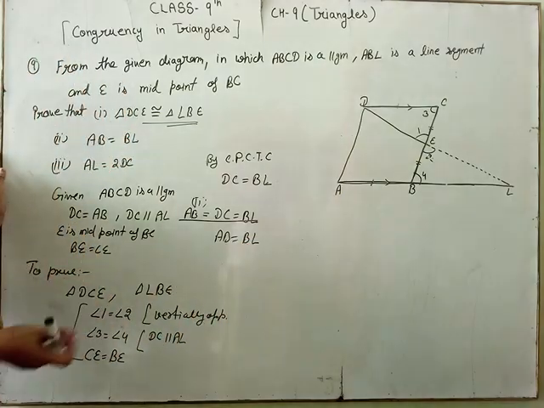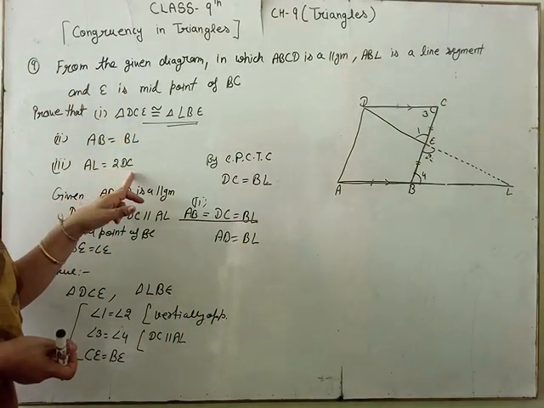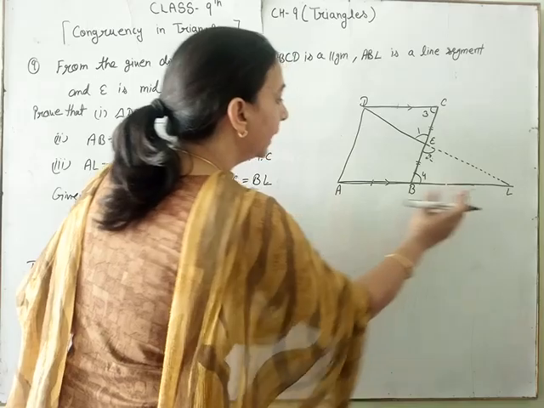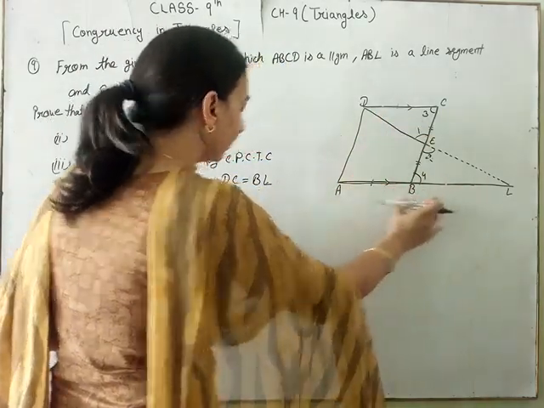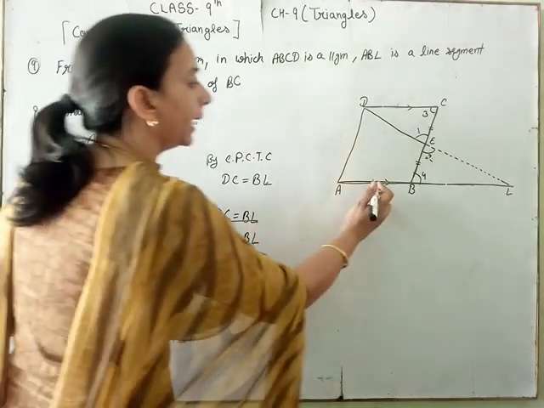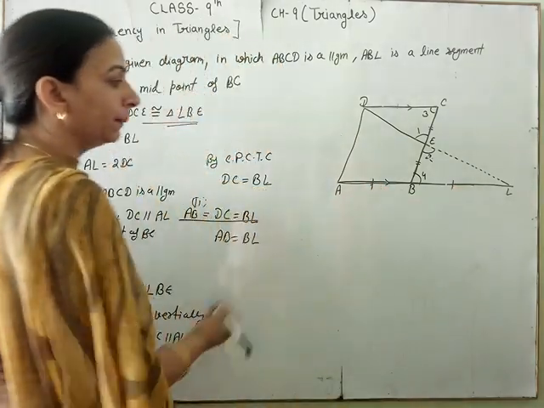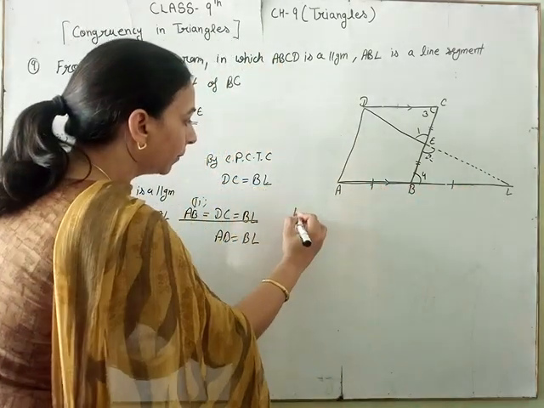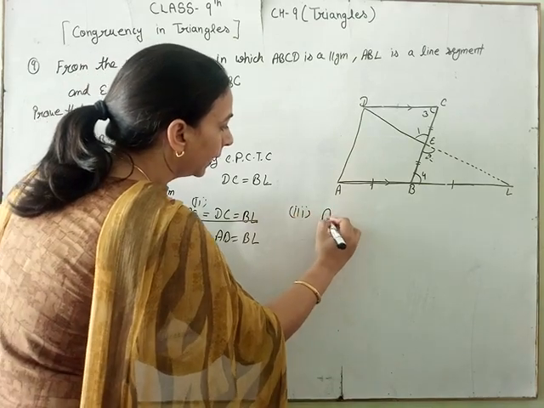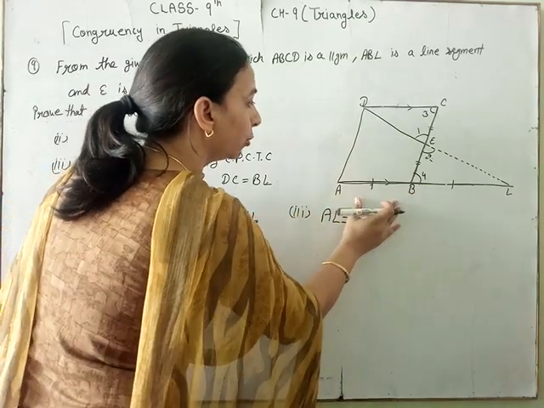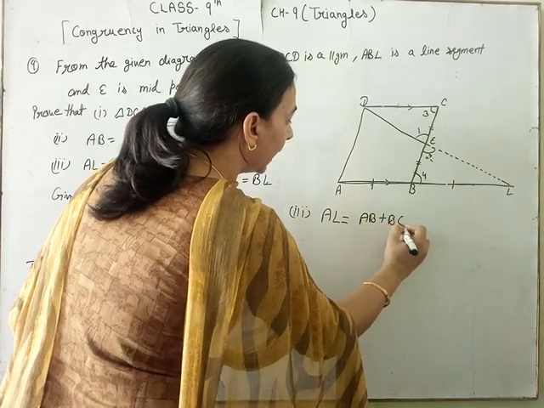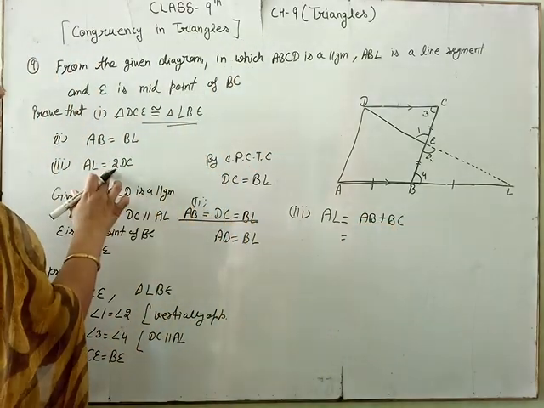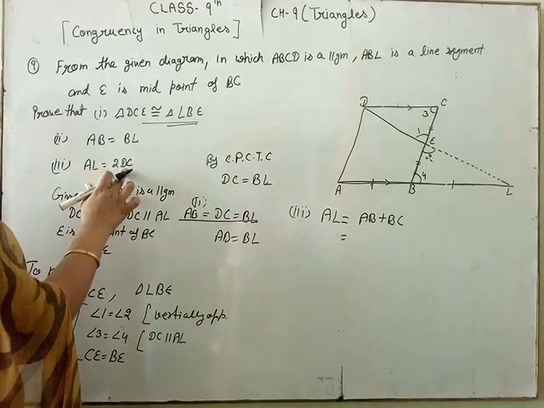For the third part, AL equals 2 times BC. Student, this equals this equals this, so these both are equal. From the second part, AB equals BL. Then complete AL. AL equals AB plus BL, and we show that AL equals 2 times DC.